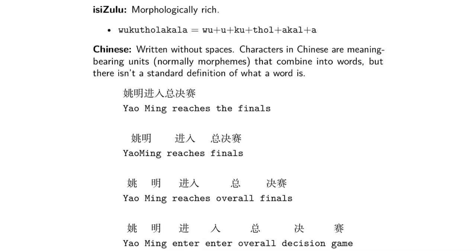If you're writing in Chinese, which uses these characters that correspond to morphemes or syllables, then it's not at all clear where to put the word boundaries. A native Chinese speaker would be able to tell you immediately what's going on in the sentence, but for an NLP system, it might get quite tricky. I should say for Mandarin, there are other writing systems that use the Latin script now, so you don't need to deal with these characters. But if you want to build a Chinese NLP system, the good thing to do is probably to actually try and deal with these characters.